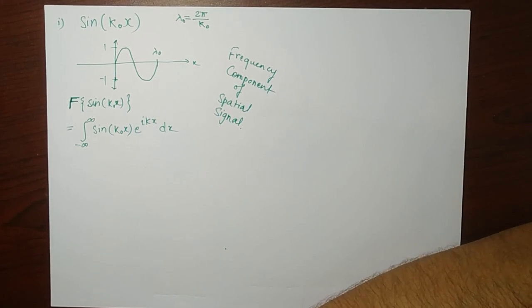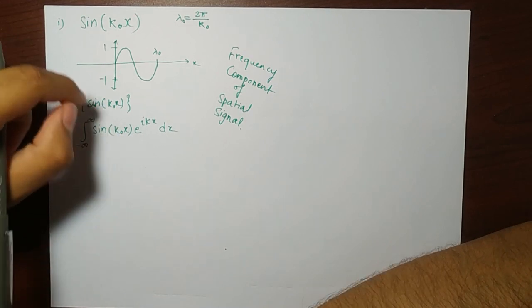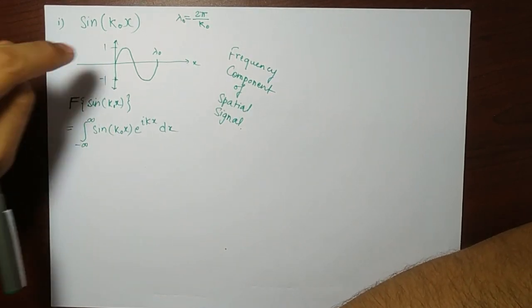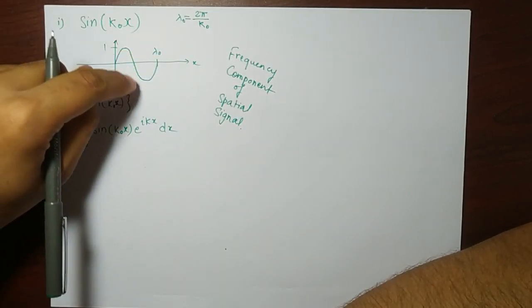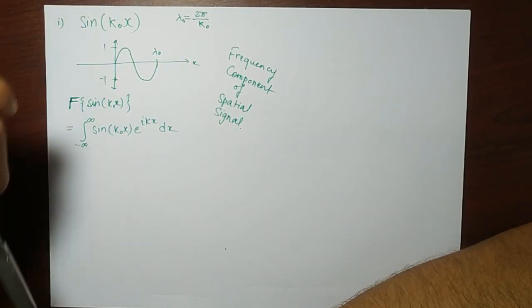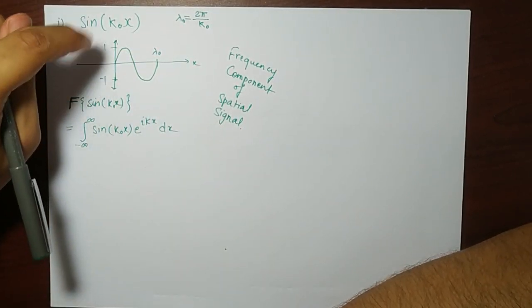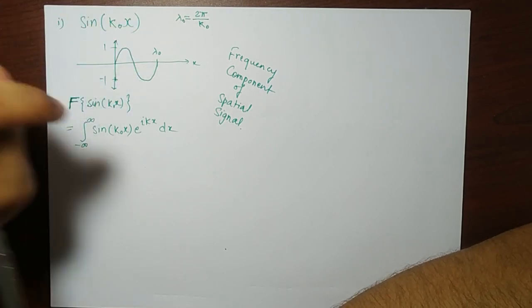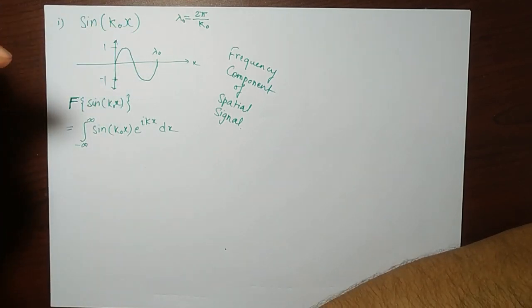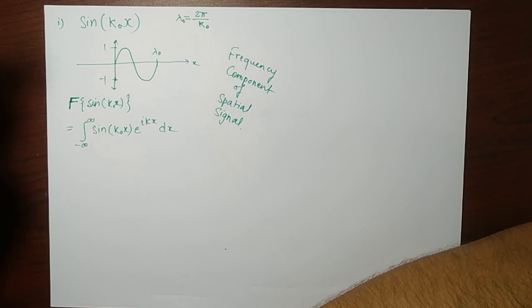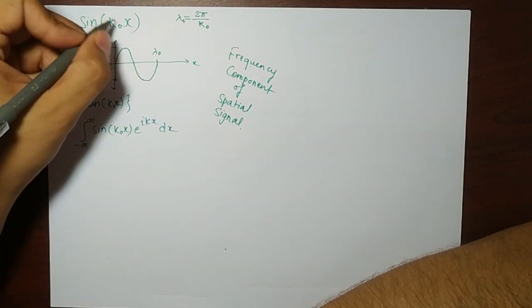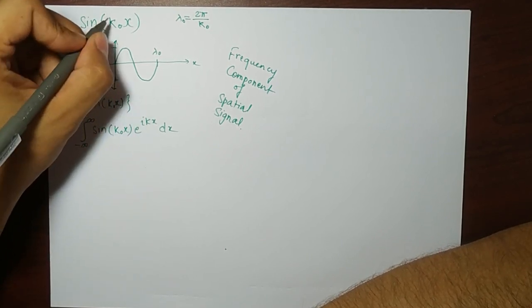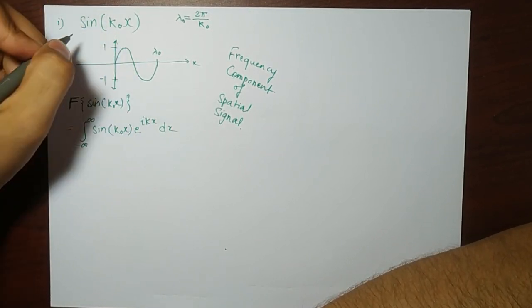So what is the frequency? You can see what is the spatial angular frequency from which this sine k naught x is made. You can clearly see that this is a single frequency function.